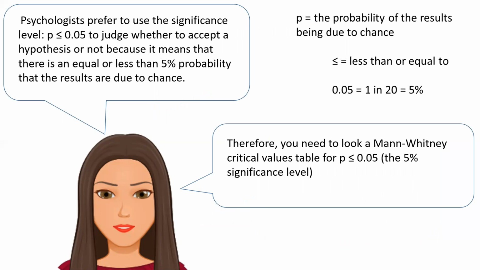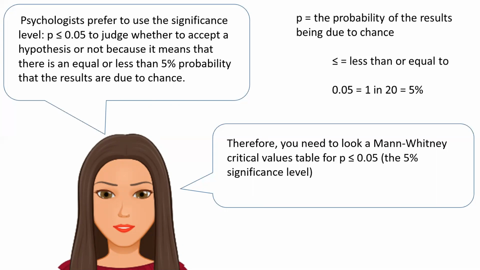Psychologists prefer to use the significance level P is less than or equal to 0.05 to judge whether to accept a hypothesis or not, because it means that there's an equal or less than 5% probability that the results are due to chance. So if the researcher was going to carry out the research on a different day or with different participants, they would expect that they're very likely to get the same results, and there's only an equal or less than 5% probability that they would get different results.